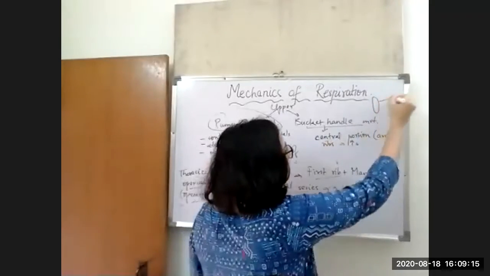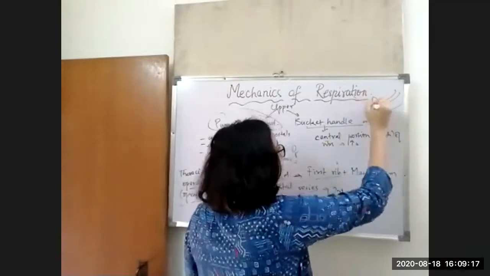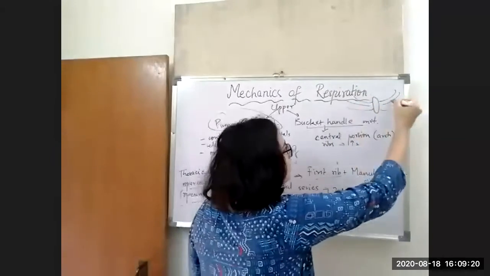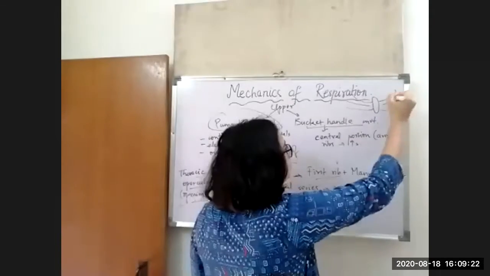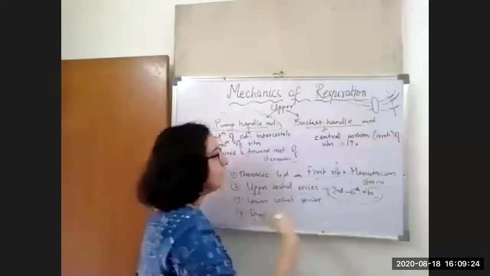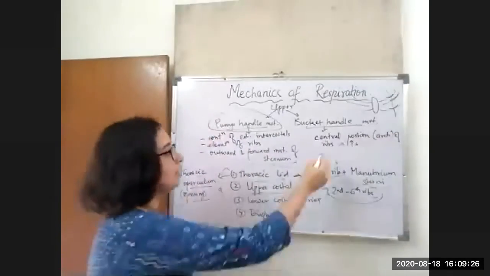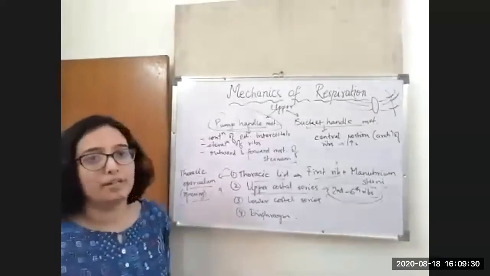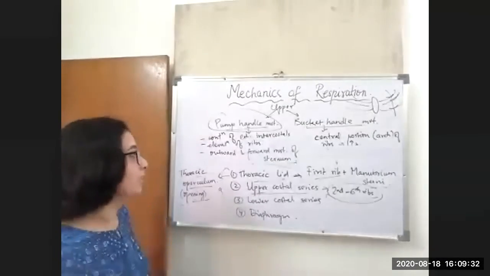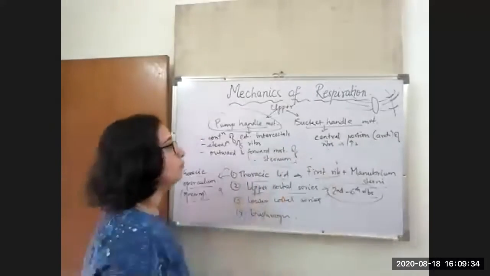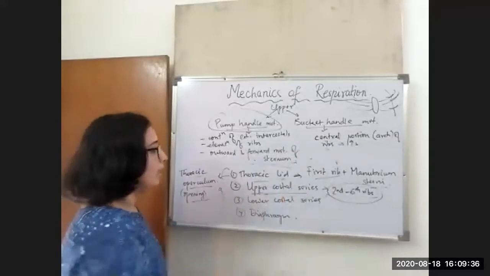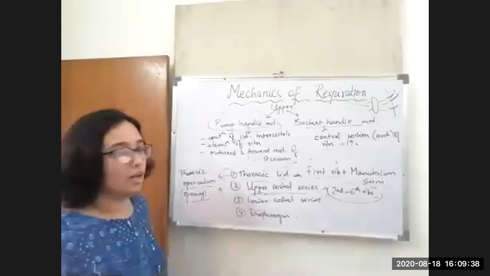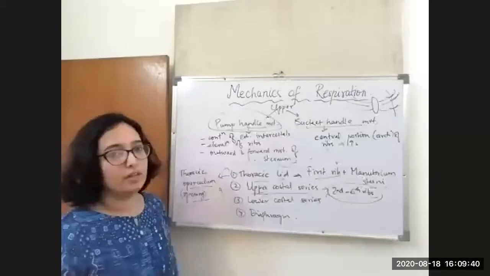This is your sternum and this is your ribs. So this is the arch or the central portion of the ribs. This will increase, and this will increase the transverse or the horizontal diameter of our thoracic cavity. Okay, so these two types of movement are executed by the upper costal series during the course of respiration.